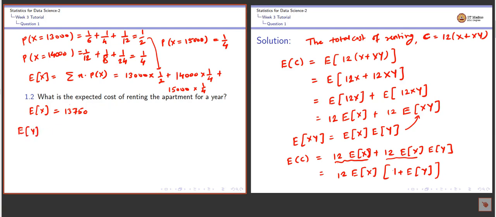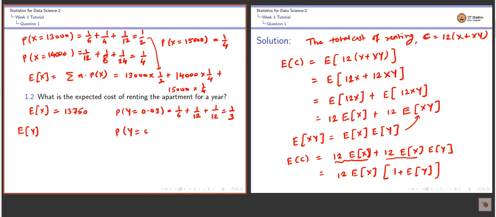Again, we have to find the expectation of y. For that we need the PMF of y. The probability that y takes the value 0.03 is the addition of all the probabilities when y is 0.03, summing over all values of x, so it's 1 by 3.